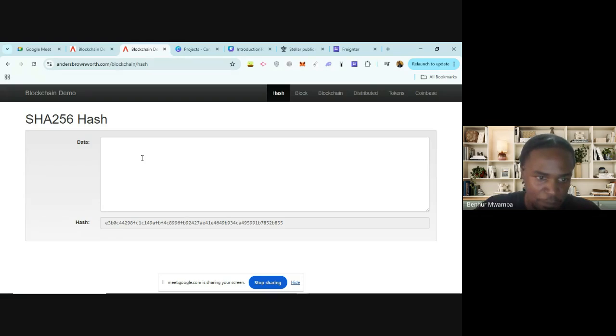So here you can see there's a hash down here, and here there's data, and the data is empty. So there's nothing in the data, but it has a hash of a fixed length. So let me type some stuff here. Let me type my name.